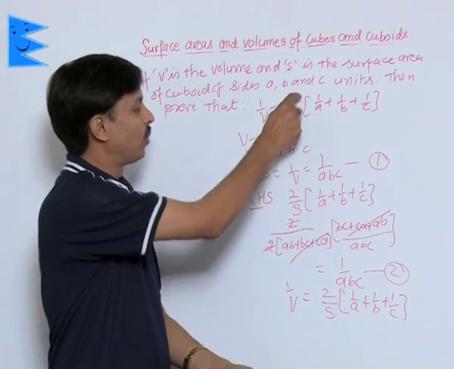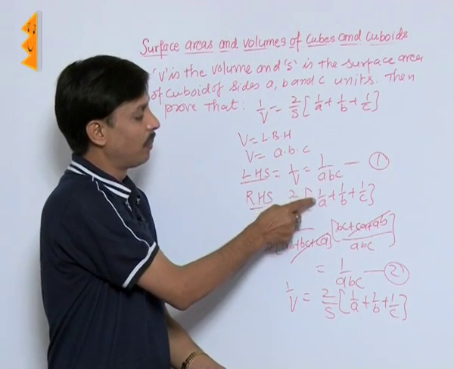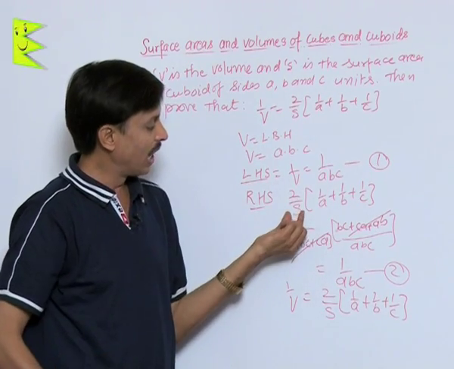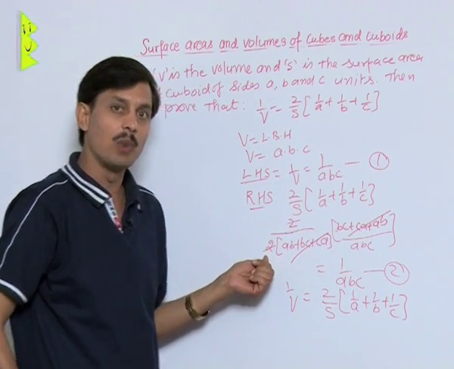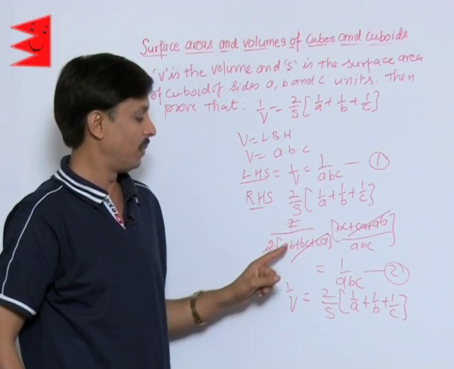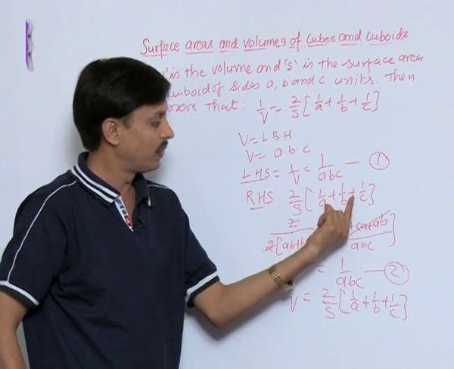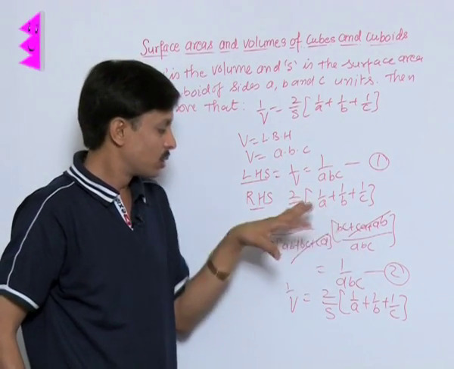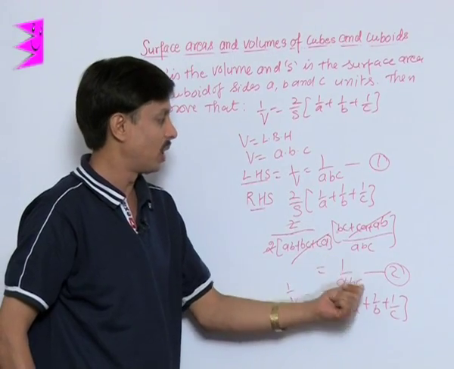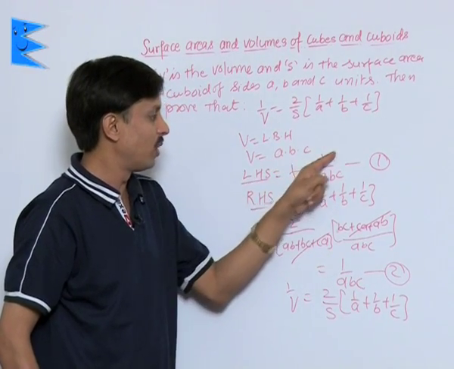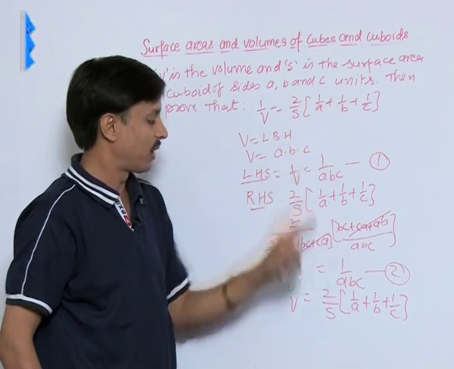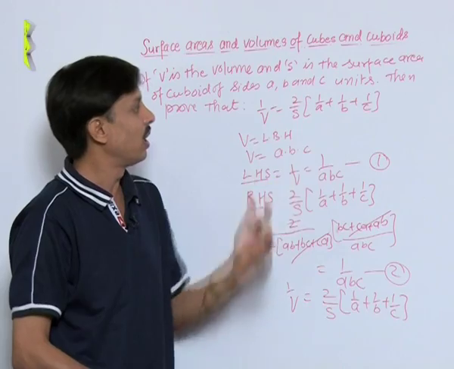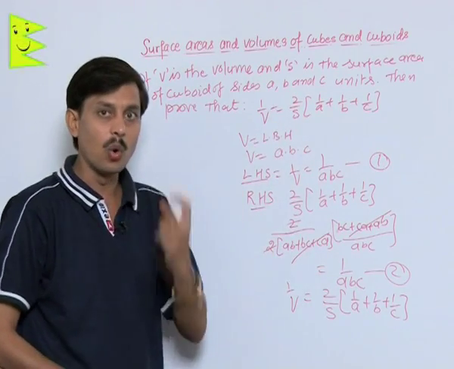The right hand side is 2 by S multiplied by 1 upon A plus 1 upon B plus 1 upon C. The surface area of the cuboid is given by 2 into AB plus BC plus CA, and after taking the LCM we get the numerator the same. Simplification gives 1 upon ABC. So 1 upon V is 1 upon ABC, and the right hand side is also 1 upon ABC. The conclusion is that in the case of a cuboid this relation holds true.